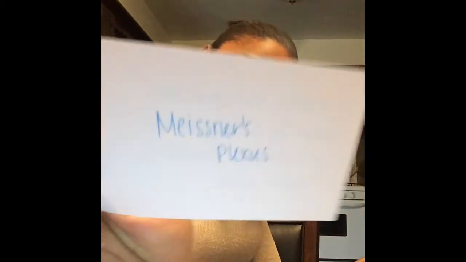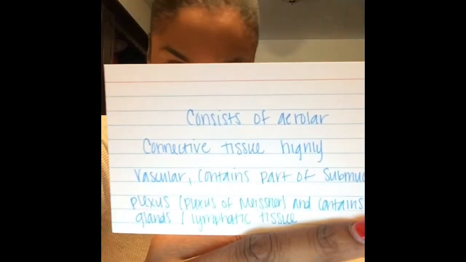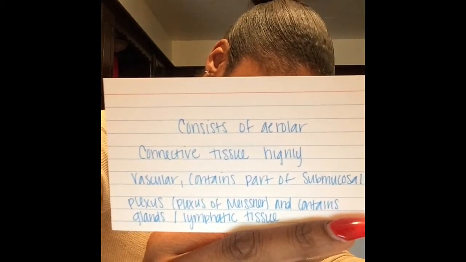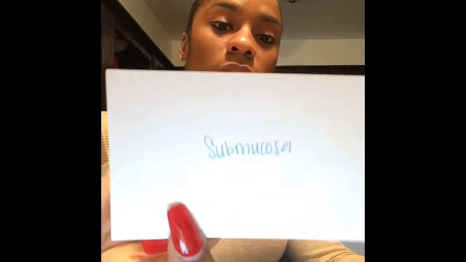Meissner's plexus consists of areolar connective tissue, highly vascular, contains part of submucosal plexus of Meissner, and contains glands or lymphatic tissue. Submucosa.